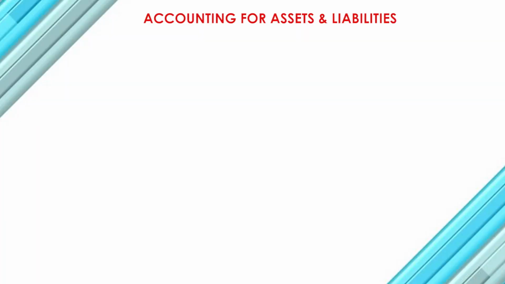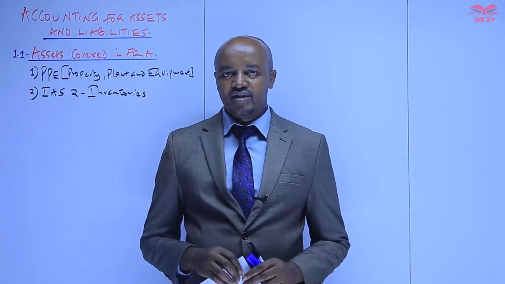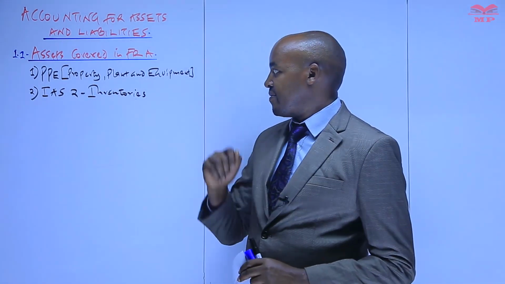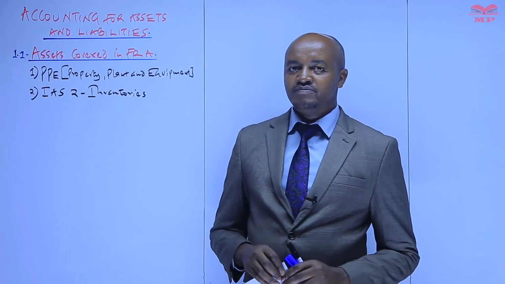In subtopic 1, we are expected to cover items of assets and liabilities which were covered in the financial accounting and financial reporting and analysis papers. We're going to look at 2 items of assets which I have highlighted here. One of them is PPE.